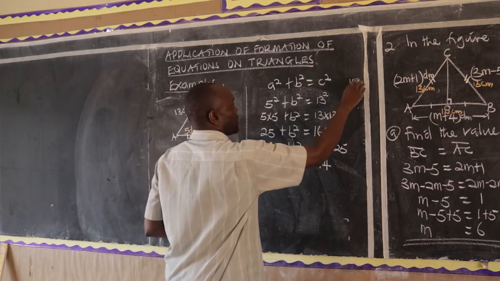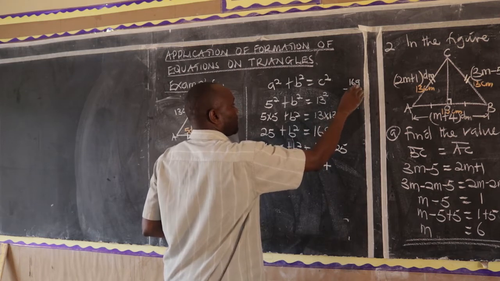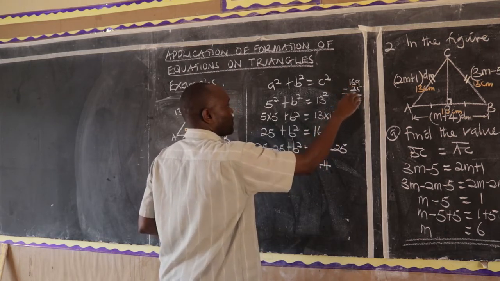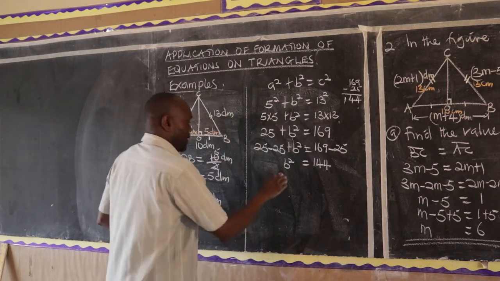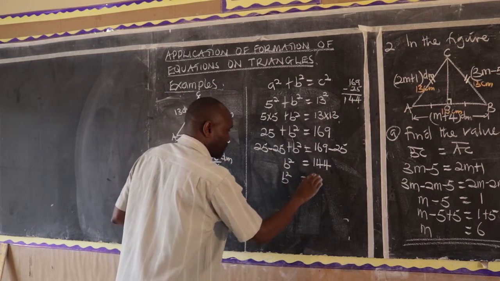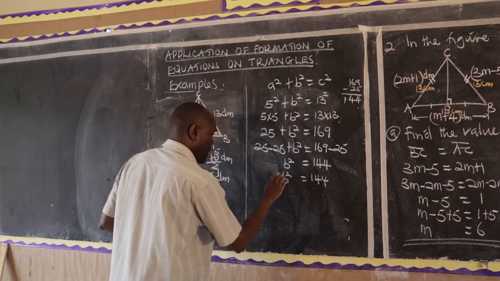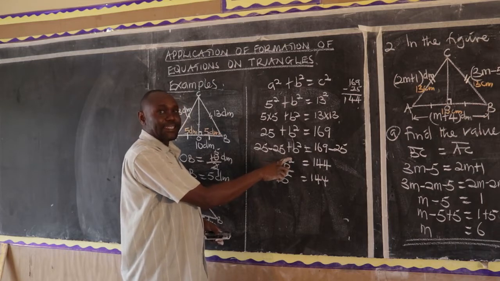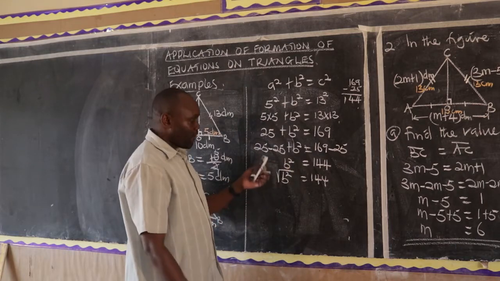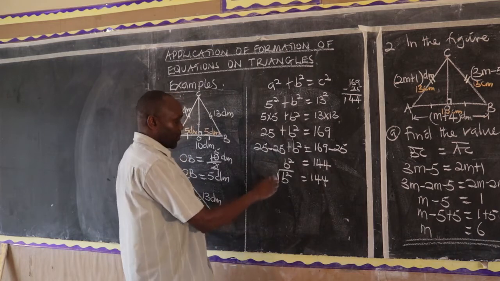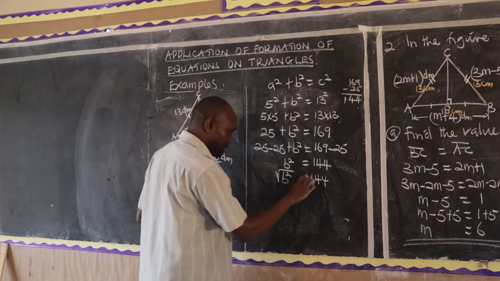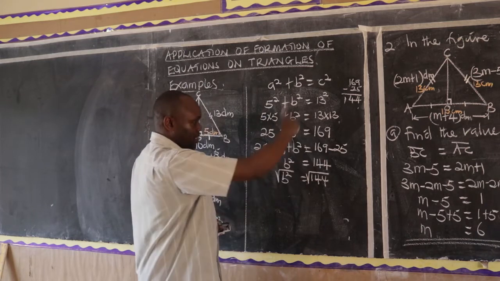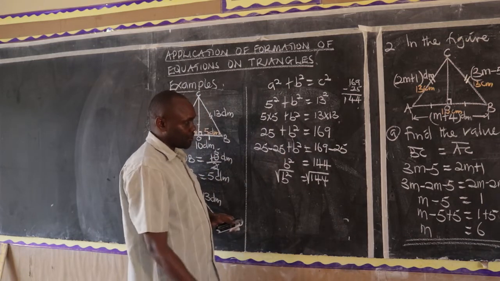When you subtract 169, take away 25, 9 minus 5, that is 4, 6 minus 2, 4, and 1. Then B squared equals 144 square root. The moment you see that the letter is squared, it now requires you to find a square root. So when you are writing, make sure that the symbol for the square root is written well. Some of you write it as if it is a long division.